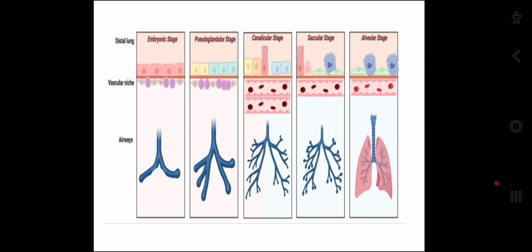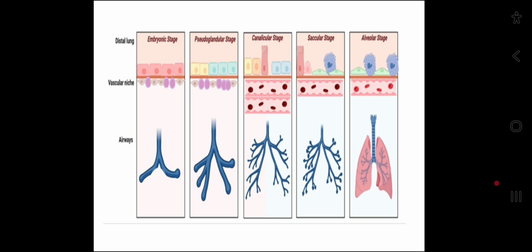Then the canalicular stage. The bronchioles formed in the pseudoglandular stage, called terminal bronchioles, will develop into respiratory bronchioles in the canalicular stage, with increased vascularity and the start of surfactant production. The fourth stage is the saccular stage, in which there are saccules, or primitive alveoli, and an increase in surfactant production.